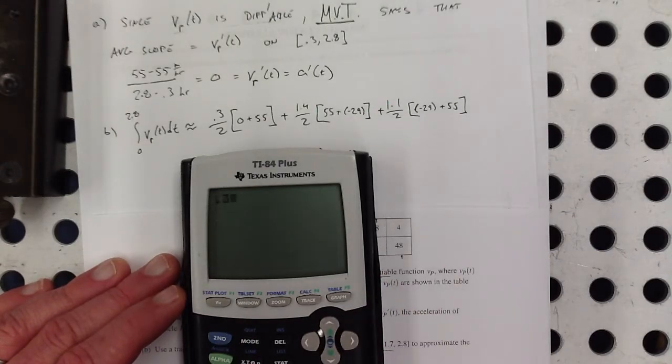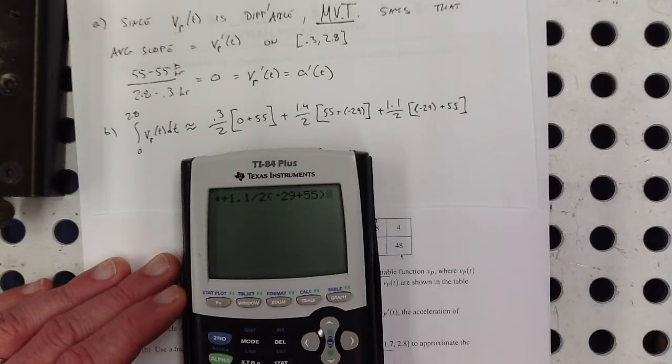So 0.3 divided by 2 times 55, plus 1.4 divided by 2 times 55 minus 29, plus 1.1 divided by 2 times negative 29 plus 55.